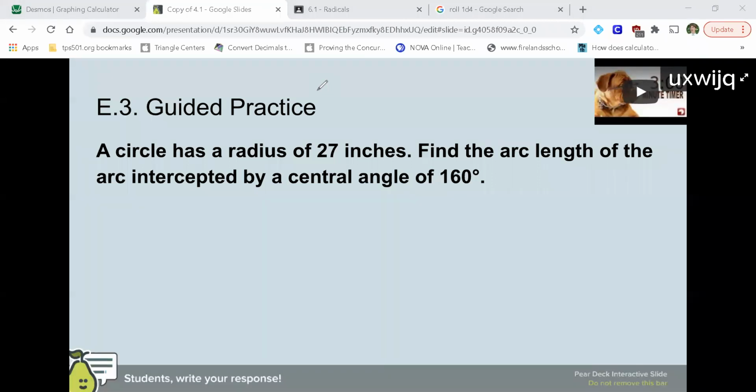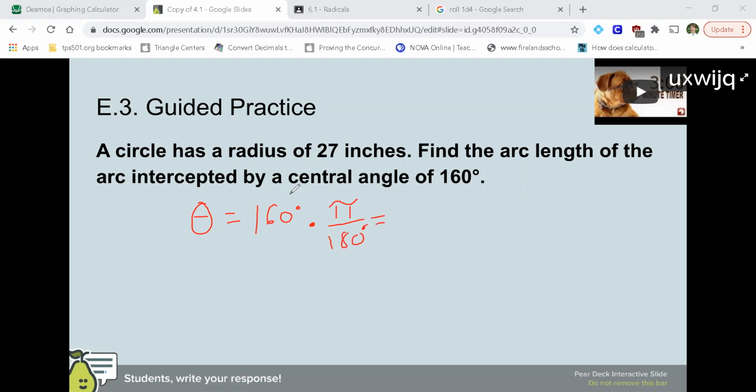So, Anna, I think you're next up. How would I solve this problem? First, you have to make the degrees into radians. How do I do that? You multiply the 160 by pi over 180.